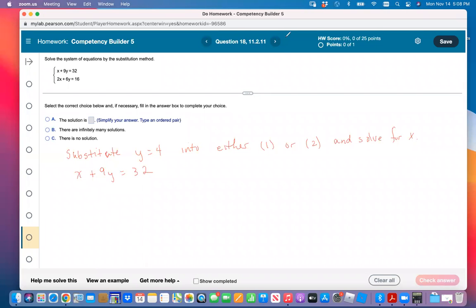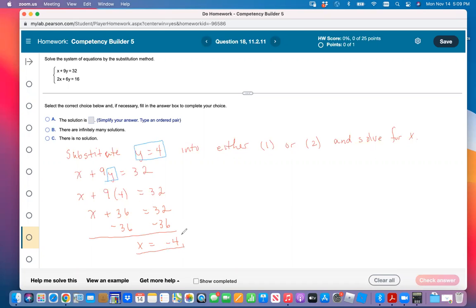I'm going to substitute y is 4 here. And we'll get x plus 9 times 4 equals 32. So this is x plus 36 equals 32. If I subtract 36 from both sides, I end up with x is equal to negative 4.